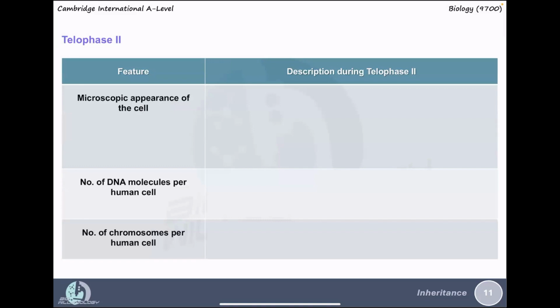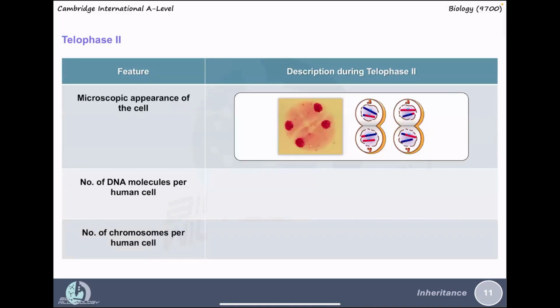How about telophase 2? During telophase 2, each sister chromatid reaches the opposite ends of the cells. Nuclear envelopes start to reform, the sister chromatids uncoil to form chromatin, and the nucleolus starts to reform as well.